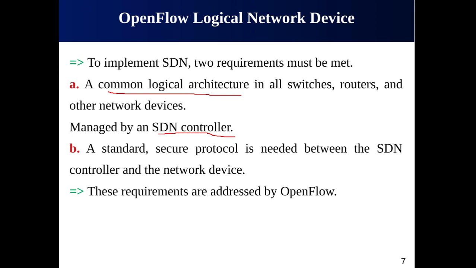Sometimes we would refer to OpenFlow as an architecture, sometimes as a solution, a protocol, an API, and sometimes other names. These requirements are addressed by OpenFlow, which is both the protocol between the SDN controller and the network devices, and also a specification of the logical structure of the network switch functionality. And this OpenFlow is defined by the OpenFlow Switch specification published by ONF.